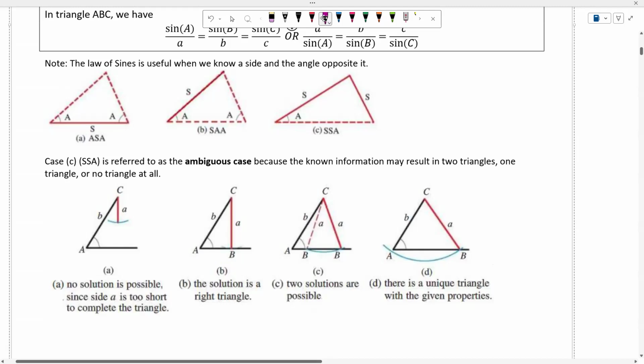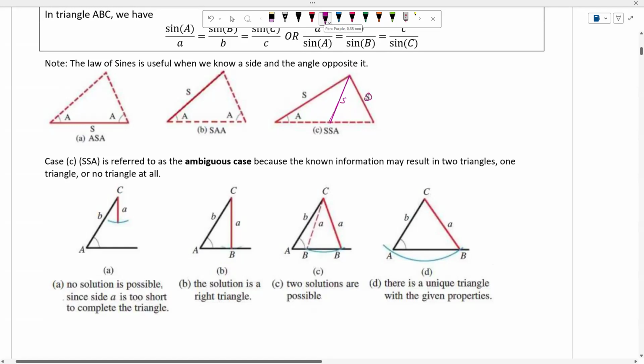What if the triangle that you have is not this triangle, but this one? In this case, this is also the same side as this one.